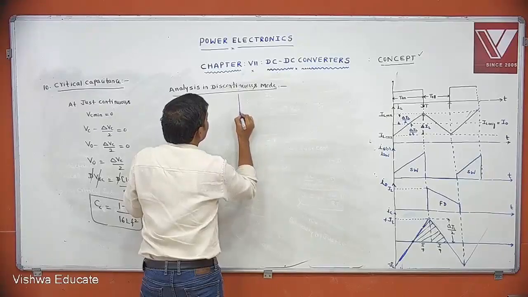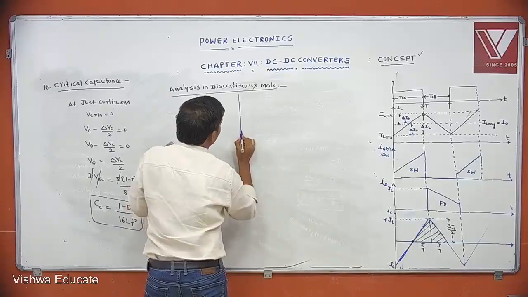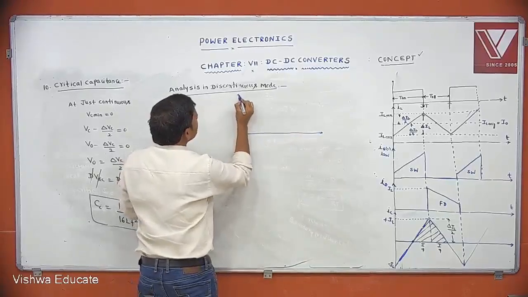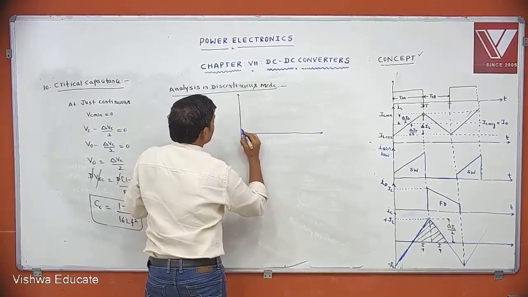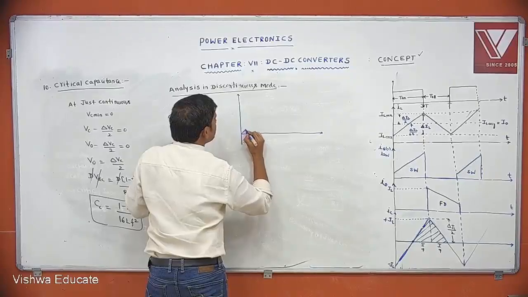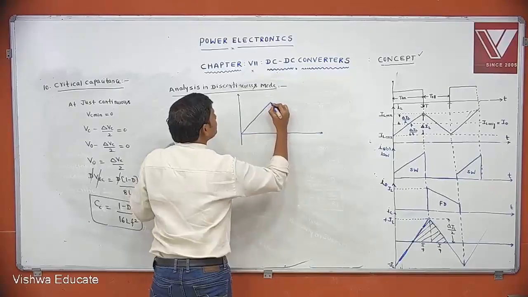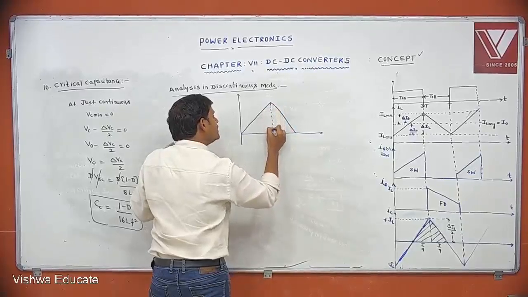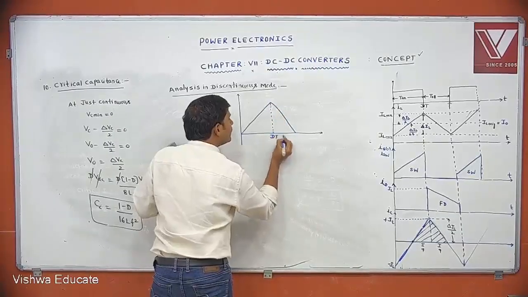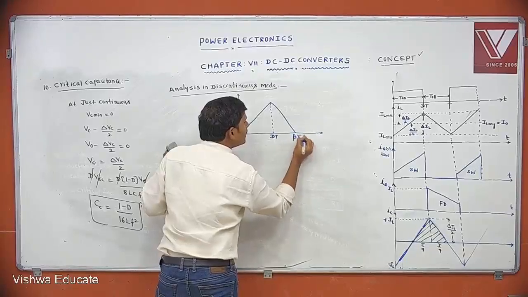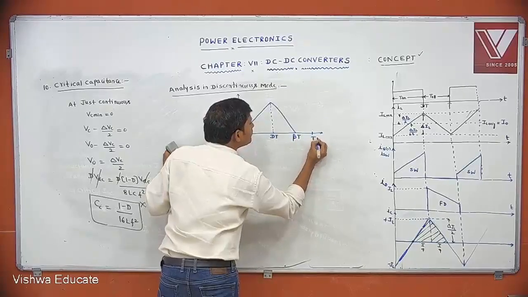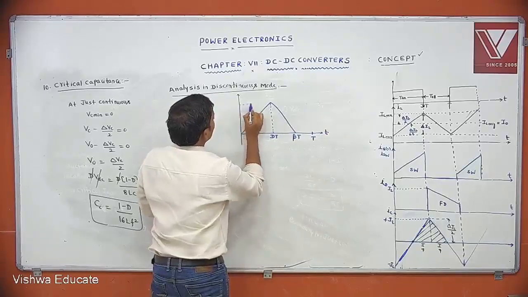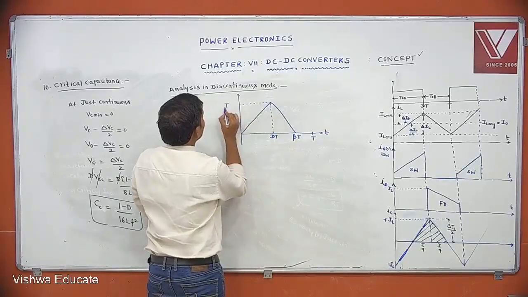Here I am drawing the inductor current before completing one time period. For discontinuous mode, the current falls to 0 before completing one time period. This is dT, let this be beta T, but this is T. This is IL max.